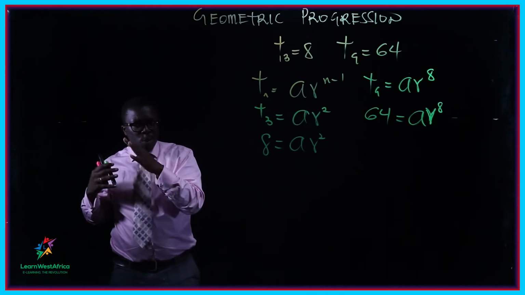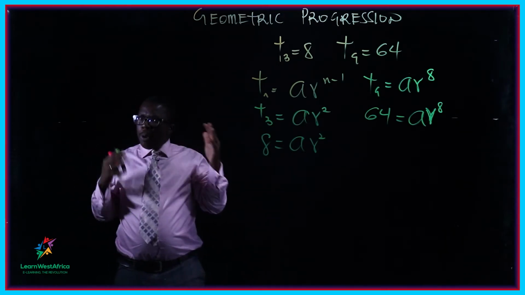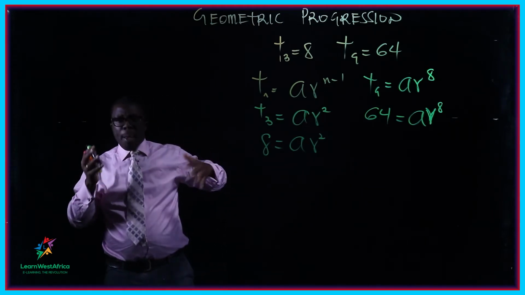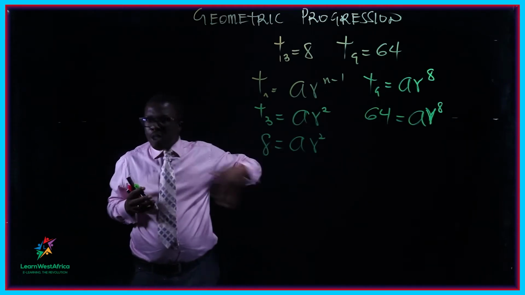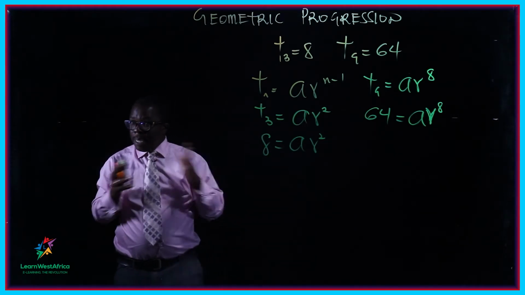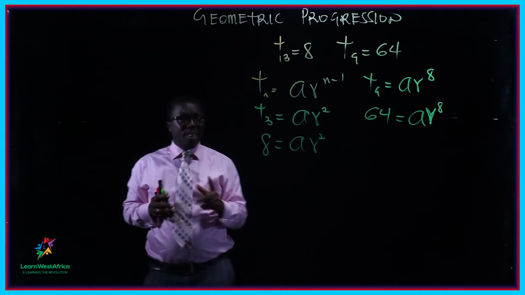I'm very sure that when you solve some problems in books, you come across that. Geometric progression is of a different sort because usually the terms are generated by the multiplication of a constant or a common ratio. When you want to make the comparison, you always tend to divide. You get it?